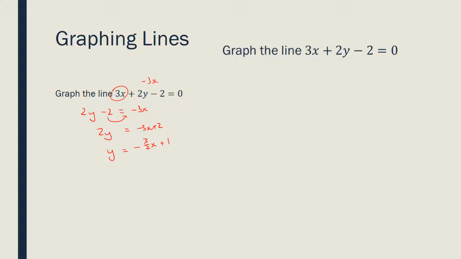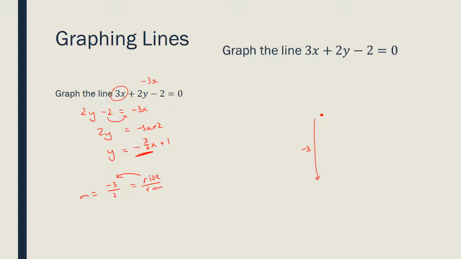Okay, so now we have our y-intercept, which is our 1. So we can put a point there. And then we can get our gradient. Now gradient is -3/2. So -3/2 is our gradient. And again, this is our rise over run. So it's going to rise -3, so it's going to actually go down 3.